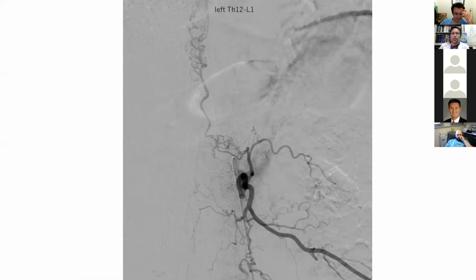So I'm going to take you through another aspect of this. This is an injection where you can see two levels with one injection at the left TH12 and L1. In this case, it's quite obvious that you have a shunt over here, and all you see around here is obviously the dilated veins.